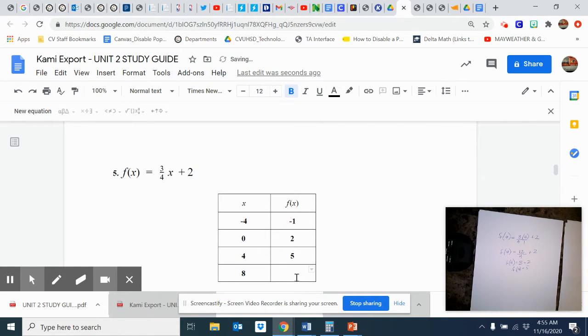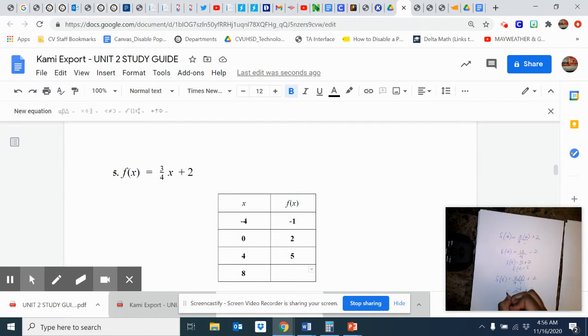And then the outcome of this, it's going to be f of 8 equals 3/4. So I want everything to come out smoothly. So put in 8 here plus 2. There are different ways that your teachers have taught you in the past. I'm keeping it simple right now. 3 times 8 is 24. 4 times 1 is 4.